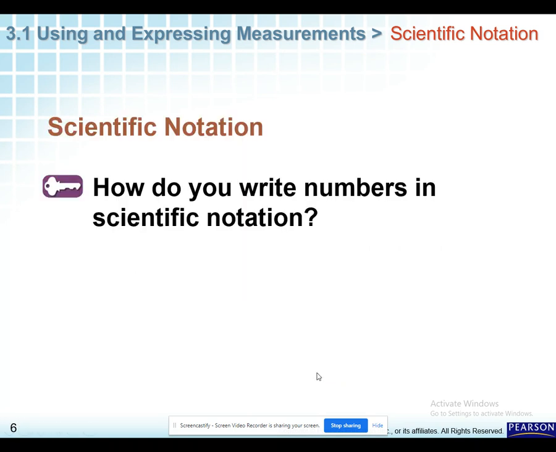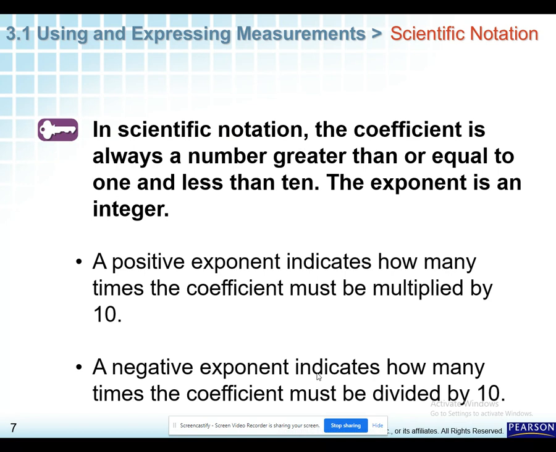So how do you write numbers in scientific notation? You saw what it looks like, but we have to be able to write them. Well, in scientific notation, the coefficient, remember, that's the number out front, is always a number that is greater than or equal to 1 and less than 10. And your exponent is an integer.